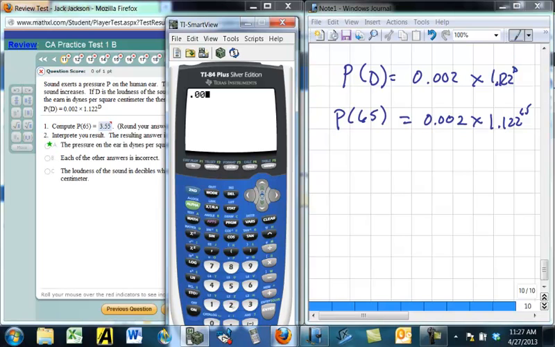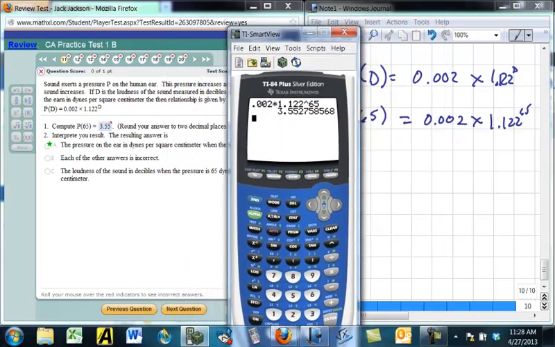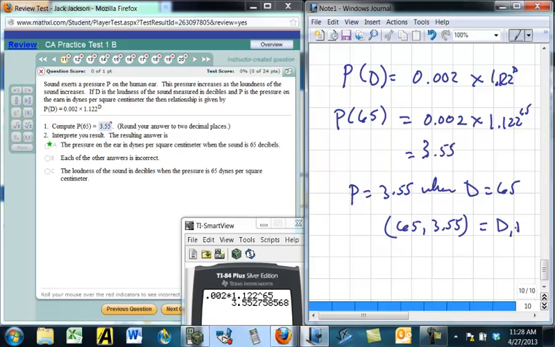So 0.002 times 1.122 to the power 65, and that turns out to be about 3.55, rounded to 2 decimal places. So P equals 3.55 when D equals 65, or 65 comma 3.55 is our ordered pair (D, P).